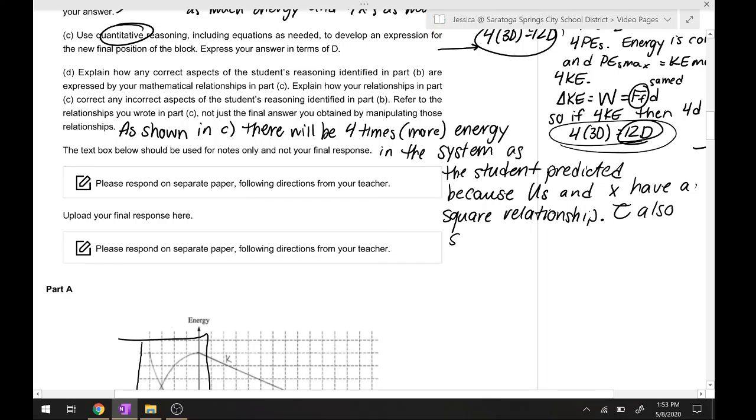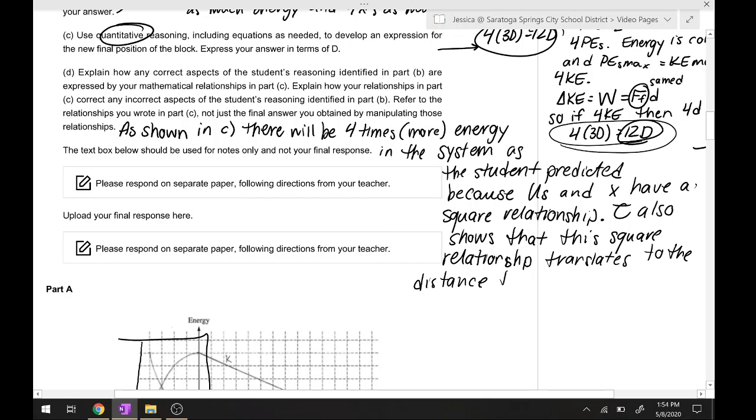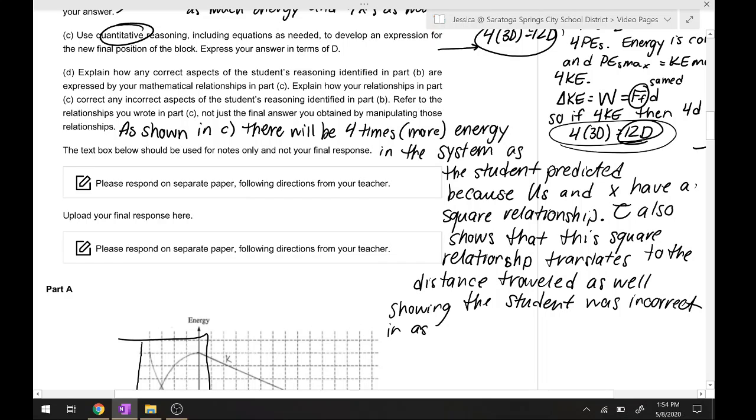C also shows that this square relationship translates to the distance traveled as well, showing the student was incorrect in assuming the block would travel twice as far.